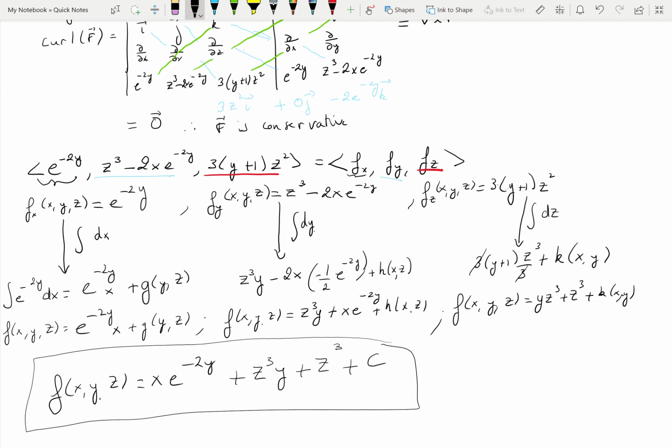And then you can always check, because if I were to differentiate this function with respect to x, I should find e to the minus 2y. If I differentiate this function with respect to y, I should get z cubed minus 2x e to the minus 2y. And if I differentiate with respect to z, then I should get z cubed y plus z cubed, which is 3y plus 1 z squared.